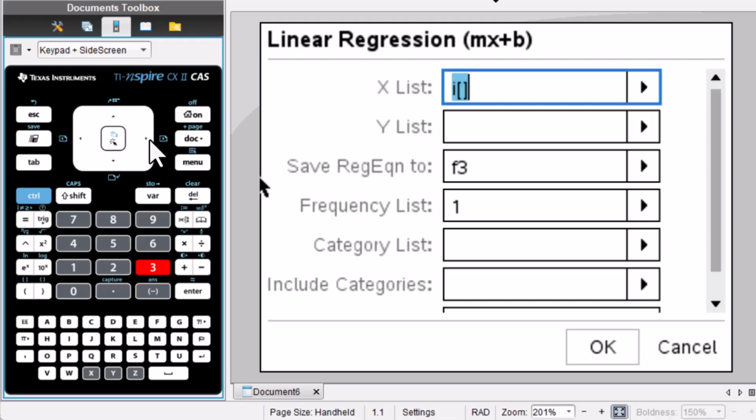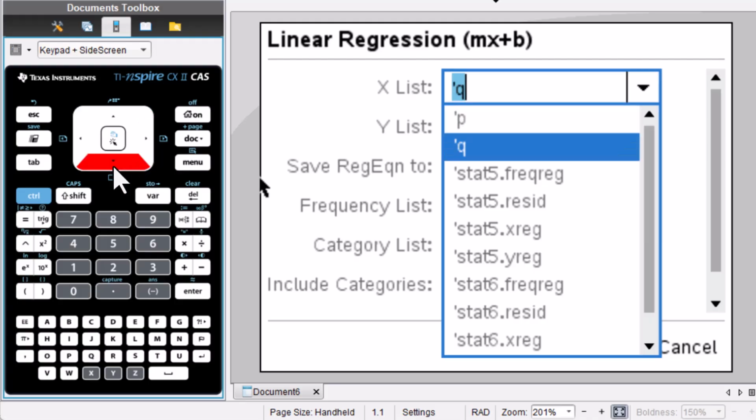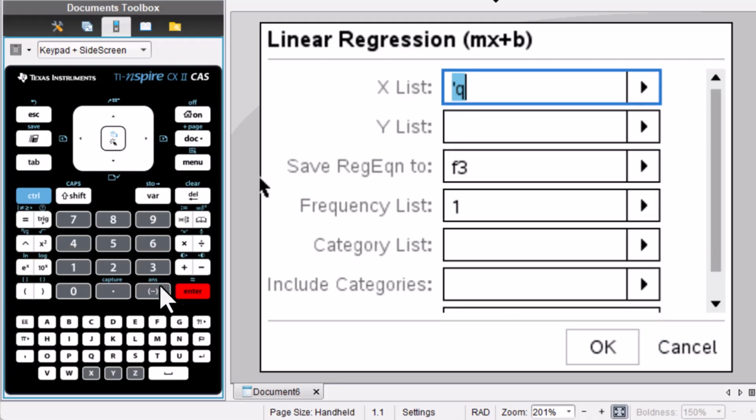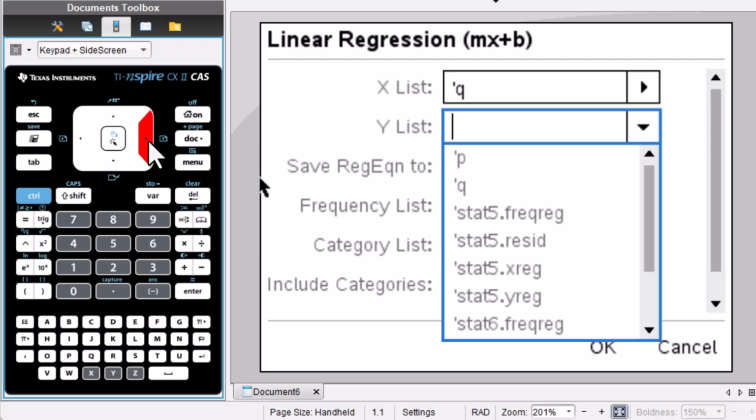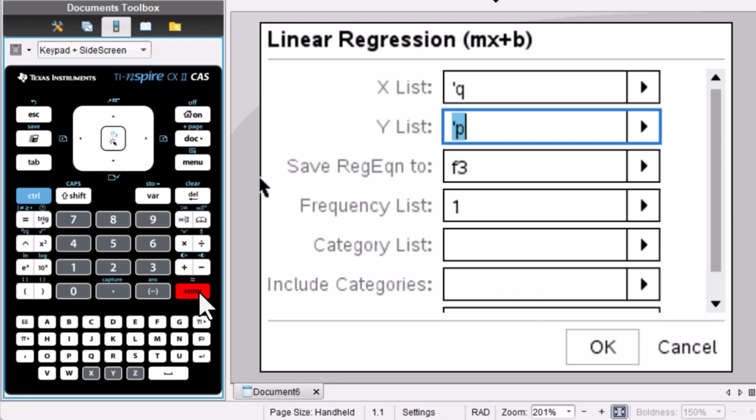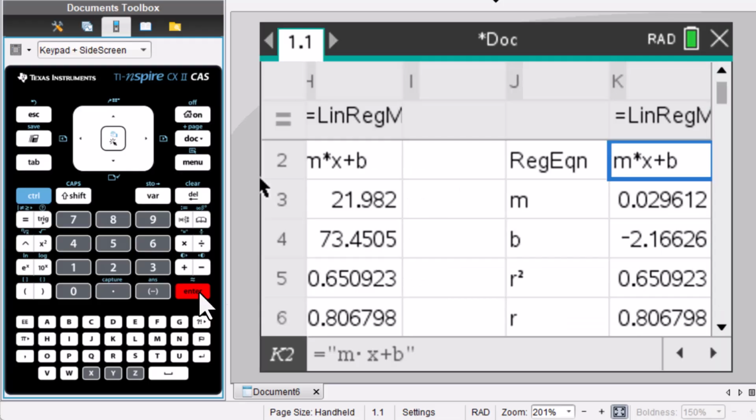This time, the independent variable will be Q, heartbeat. The dependent variable is temperature difference, which is P. Then enter.